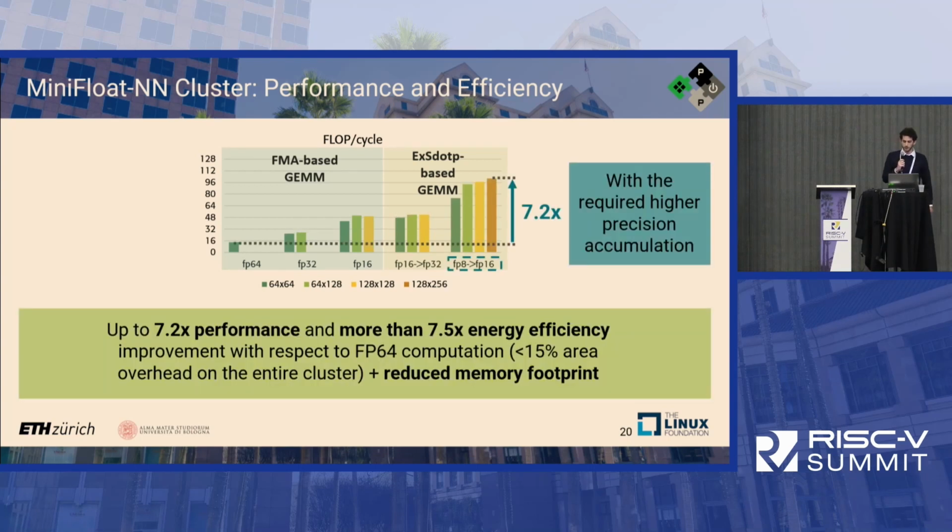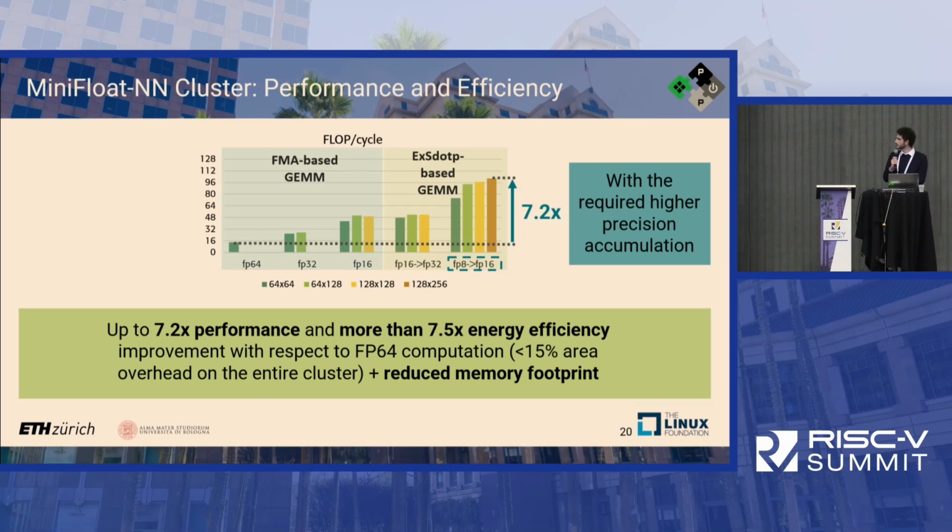If then we consider the FP8 to FP16 case, this is basically the point in which we reach the highest performance and efficiency. We can outperform the double precision case by 7.2 times, and the efficiency will be improved by more than 7.5 times. Here we are taking advantage of another slight gain that you can get by going SIMD at lower precision with respect to having a scalar double precision FMA.